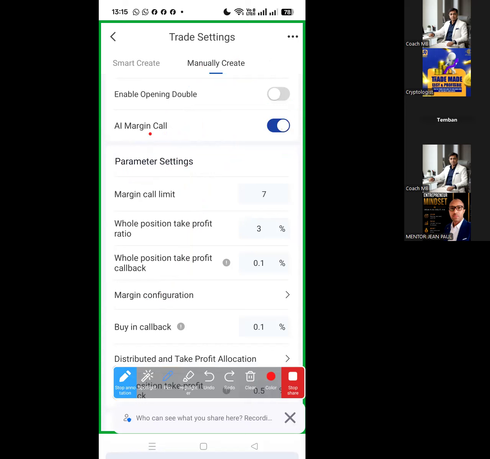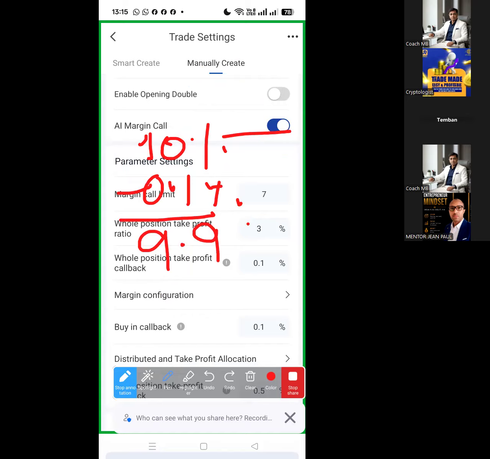Suppose the market goes up by 10% and then falls from this price by 0.1%. It will sell for you and give you a profit of about 9.9%. So even if you have asked for 3% profit, you get a higher profit in this example. I hope this is a good benefit for you.